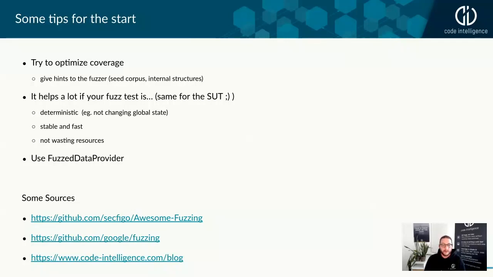So try to minimize the file system access, try to minimize requests going out, try to have it deterministic, meaning that you're not having a state. Every fuzz run or every input should be starting with a new state. If it's not possible for your application, there are ways to manage this a little bit more. I guess in our blog, we provide some information about this.